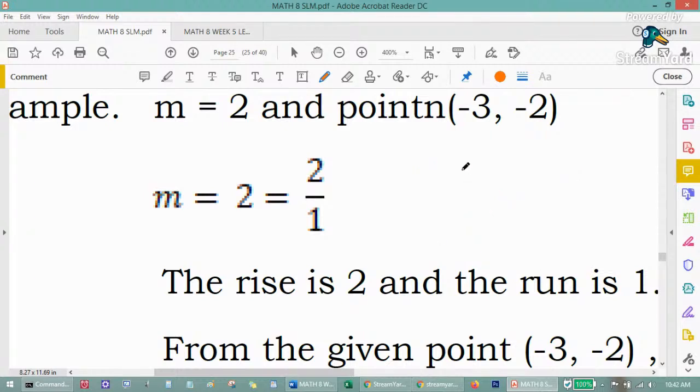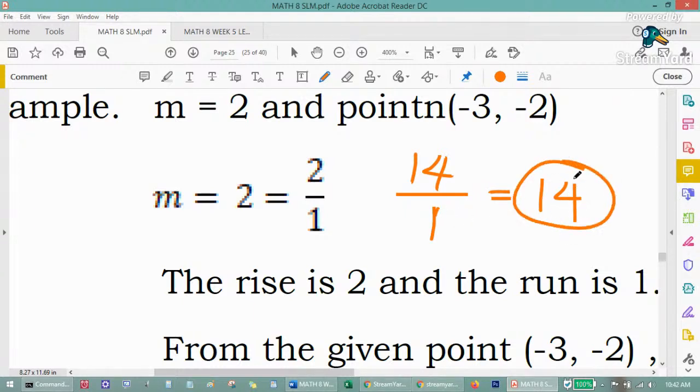For example, kapag meron tayong 9 or meron tayong 14, pag dinivide natin ng 1, that is equal to 14. Pareho lang, no? Ibig sabihin, kahit anong number, pag dinivide natin ng 1, yun pa rin yung number.